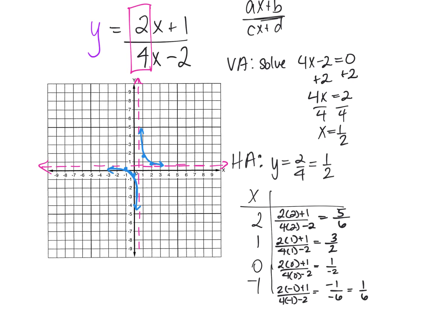And sometimes my branches are really close, and sometimes they're far apart and easier to draw big. My domain and range. x does not equal what? 1/2. And y does not equal 1/2.